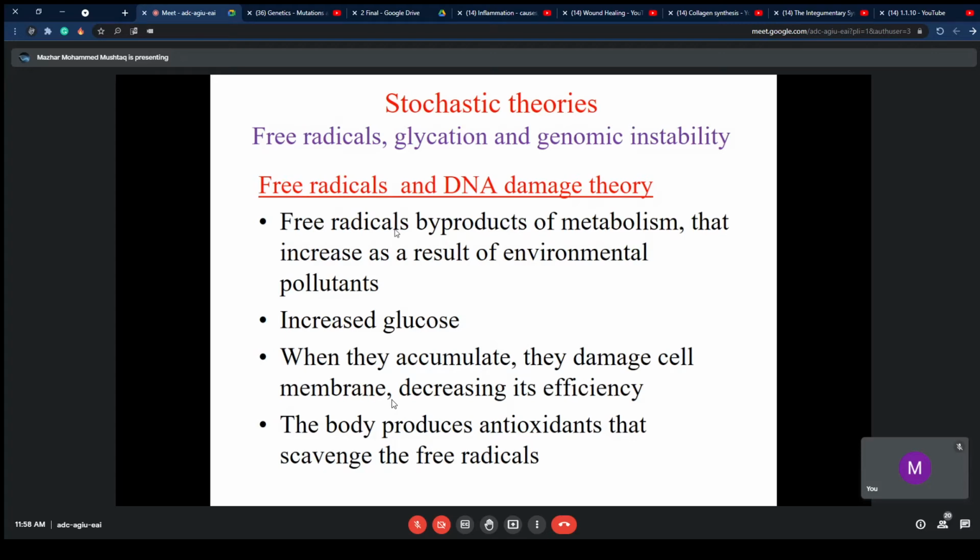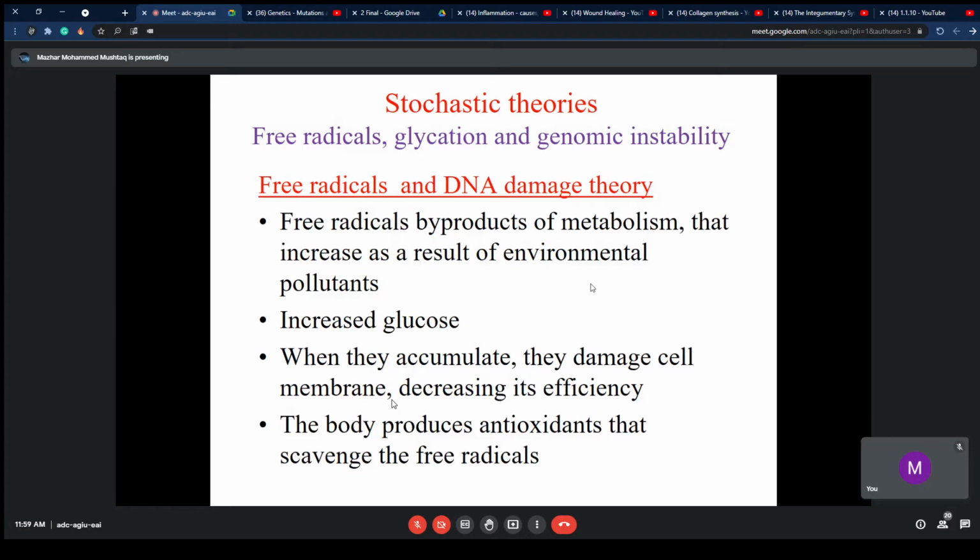So these free radicals are continuously produced as a byproduct in our metabolism, and this increases because of environmental pollution, they are also produced. So in our body there is a mechanism to detoxify these free radicals. When we are young, this detoxification is going on very properly.